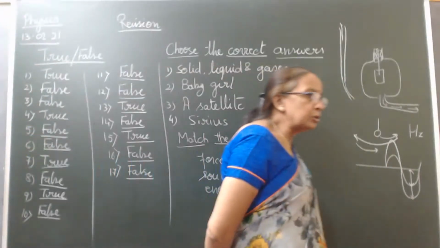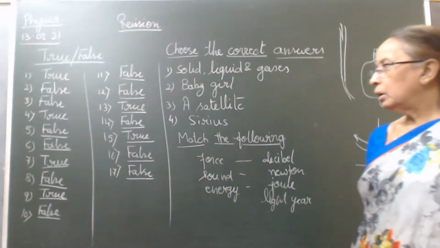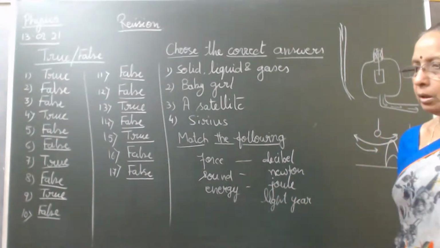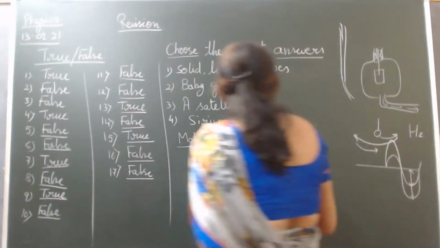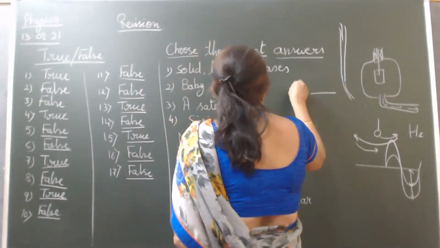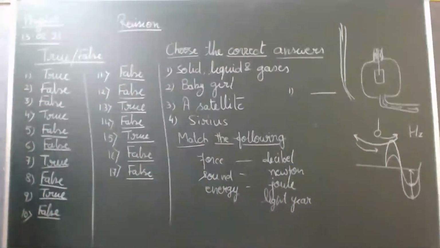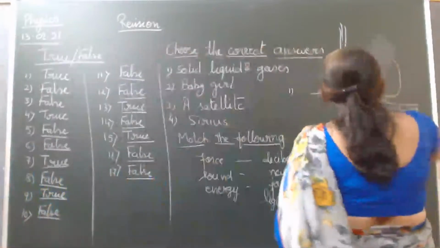And fill in the blanks also I will frame from the textbook, like: pressure, force acting on a unit area is known as dash. Then you have to write pressure. Don't think only whatever there is in the portion, these only I will give.